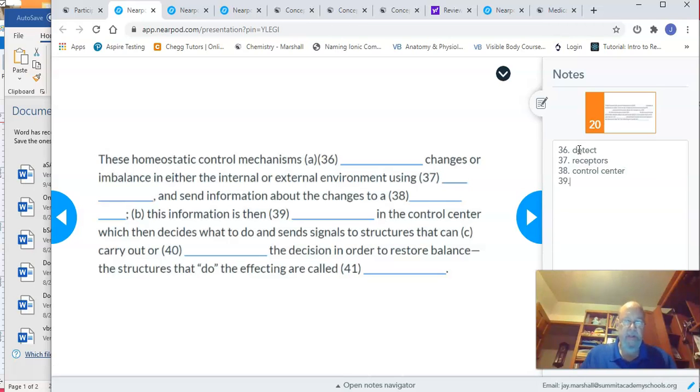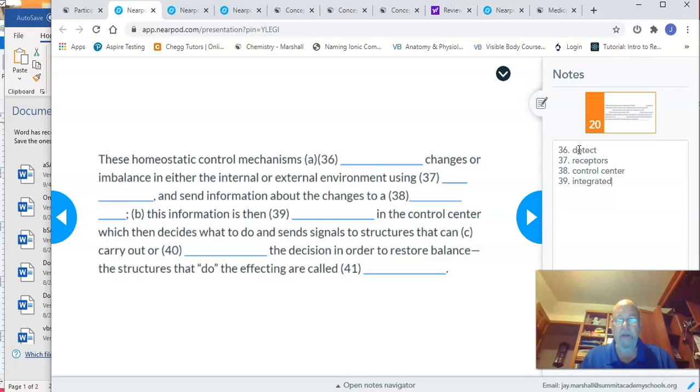Then I don't just deal with it individually. I combine all this information by saying, if I have this piece of information and this piece of information and this other piece of information, what do I do? I don't just deal with each piece of information individually. I integrate this information. Okay, so this information is then integrated in this control center.